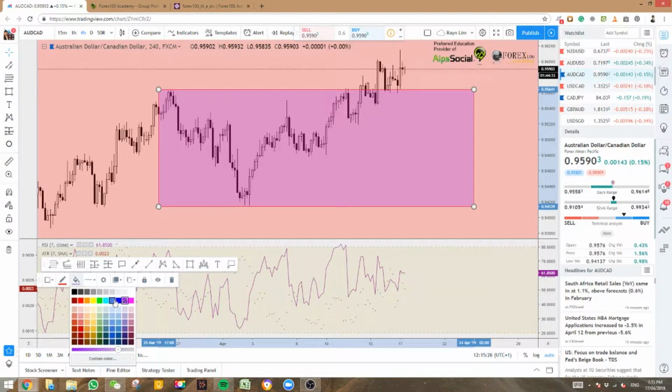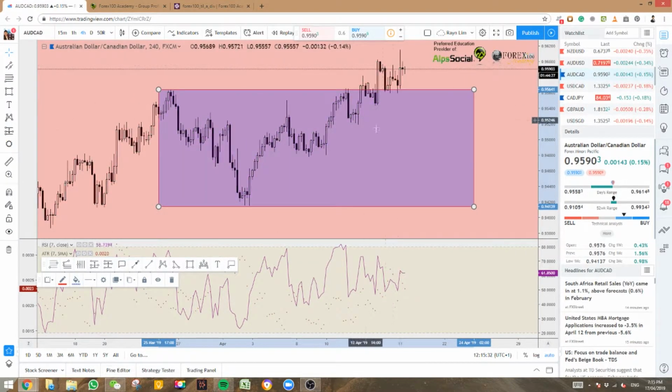Alright, so based off this level, I'm waiting for a retest within this area. So I'm looking more at this area for a buying opportunity.